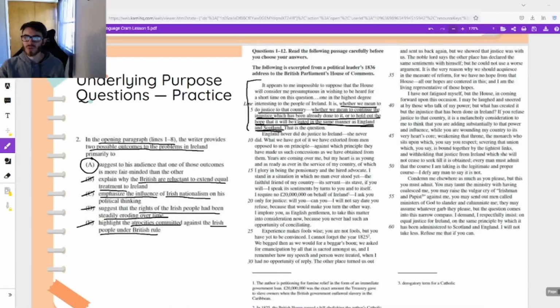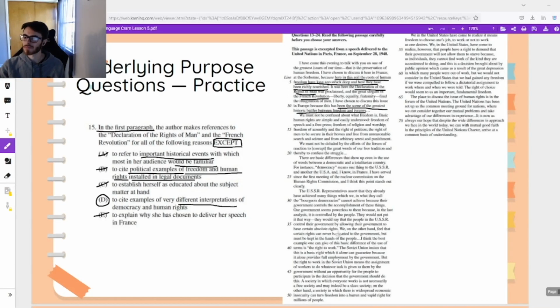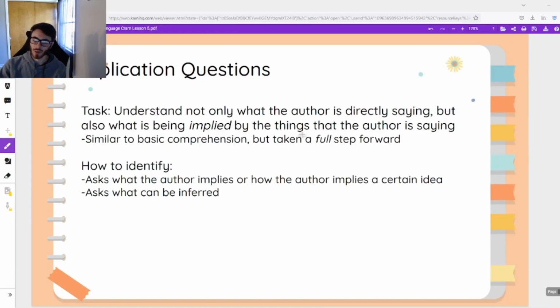Those are underlying purpose questions. Underlying purpose questions are one of the most common question types that you'll see. So definitely important to have a grasp on how they work. Implication questions. So we mentioned that underlying purpose questions are like basic comprehension taken a half step forward.